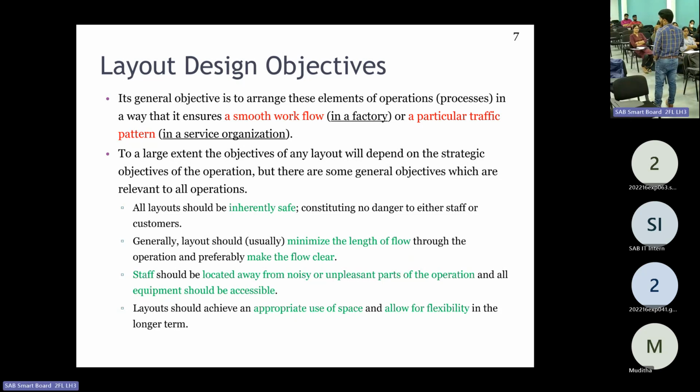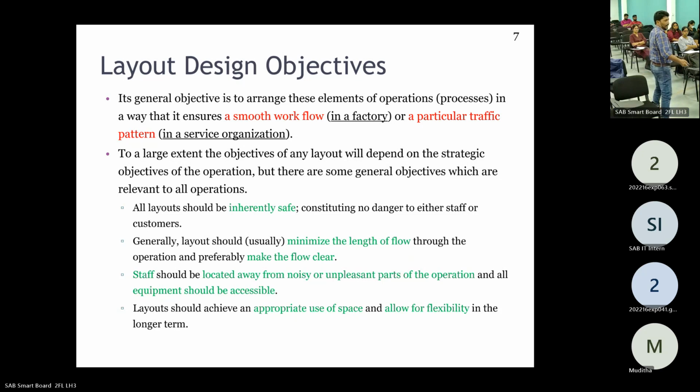Additionally, there are many other concerns, like what we have mentioned here. Layout should be safer for the users. Layout should minimize the length of flow within the facility. And then, of course, it should be clear to the users in which way the products are moving, customers are moving, and so on. It should also create safer and more healthy working conditions for the workers and also for the users, like customers.